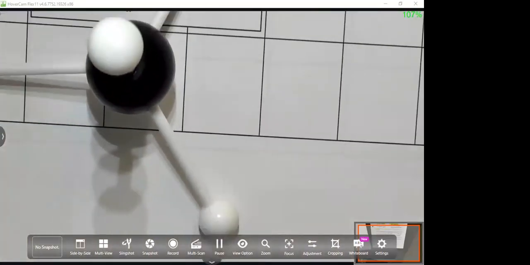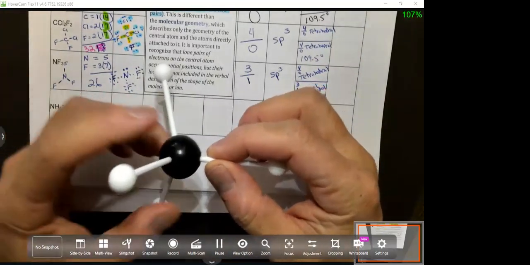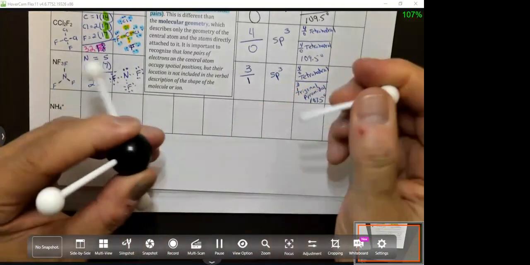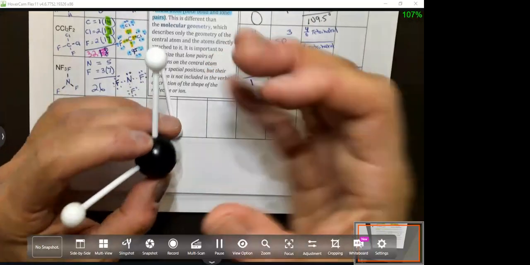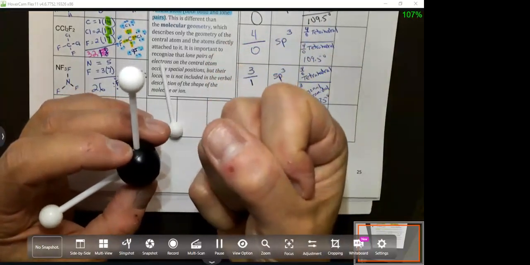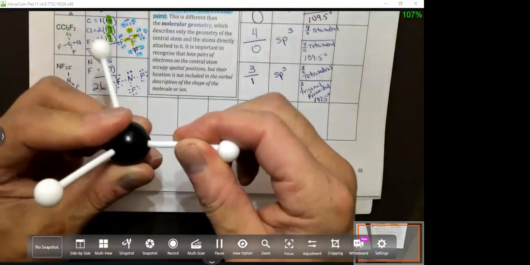If we have 4 bonds, if it's a 4-0, what are my bond angles? 109.5. Agreed? 109.5. If I take one of these off, I've got this pair of electrons that's not streamlined because it's not bonded to anything. Now think about this.